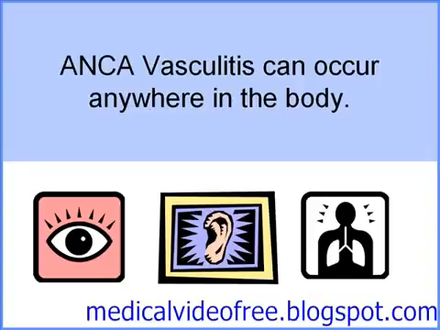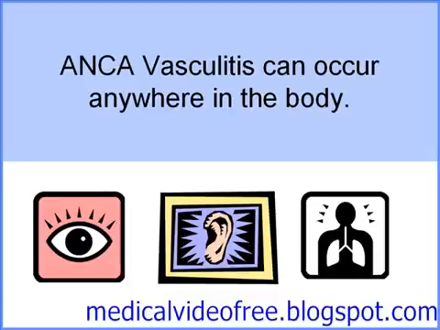And as we'll talk about in more detail later, there are many small vessels in the kidneys that are involved in filtering the blood, and they are a frequent target for attack by ANCA disease. So we'll talk about that shortly. And also about the eyes. Can it also be in your eyes? Right.